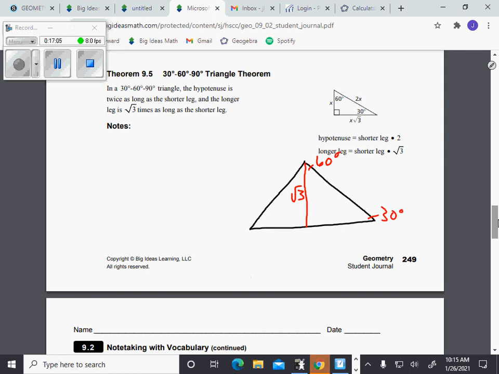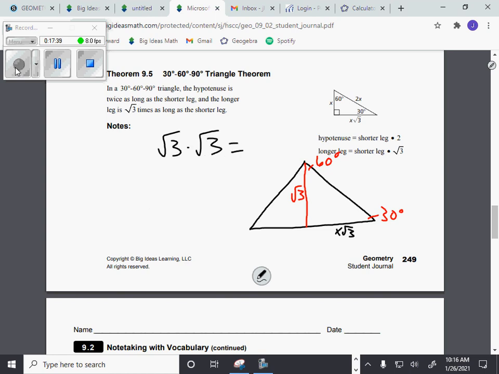Now, I want to find my base. This is x square root of 3. So x square root of 3 equals the square root of 3. Divide by the square root of 3. You get x is equal to 1. My apologies, I did that wrong. X times the square root of 3. Well, if x is the square root of 3, we have the square root of 3 times the square root of 3.